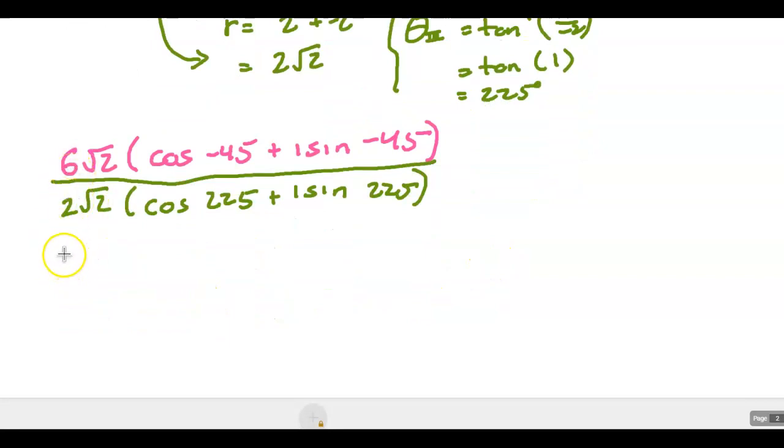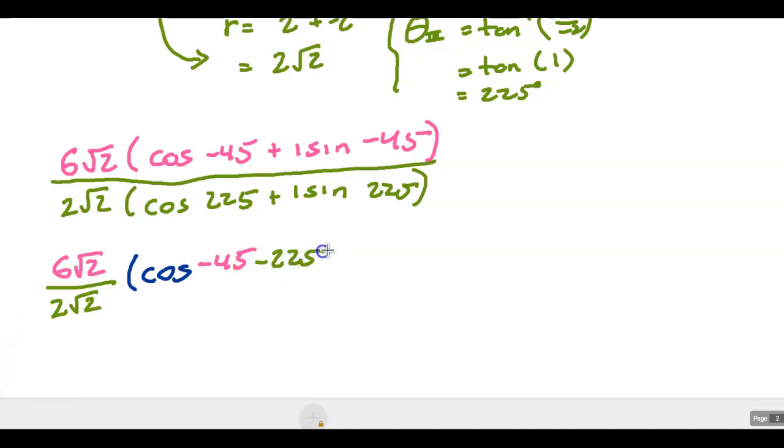So we're going to divide, right, 6√2, divide the radii, right, and the cosine is just going to be the difference of our angles, using the same rules we did before. That's 225. There we go. Okay.